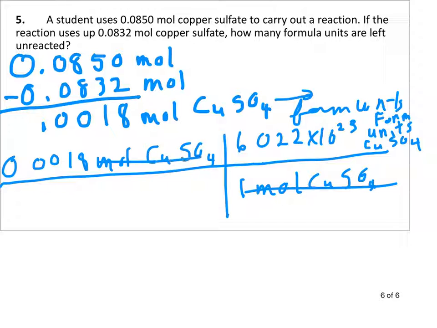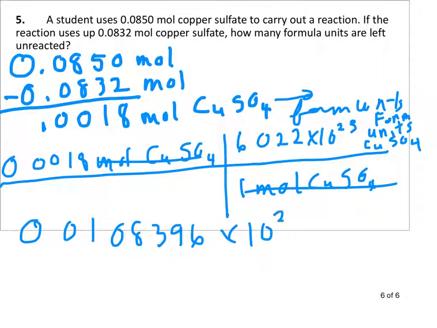Moles divide out moles. Take my 0.0018 times 6.022. And we get 0.01083996, everything on my calculator.